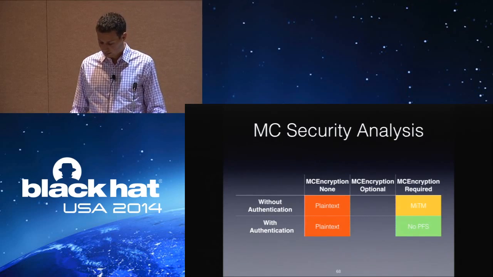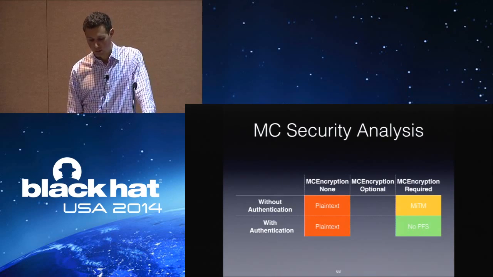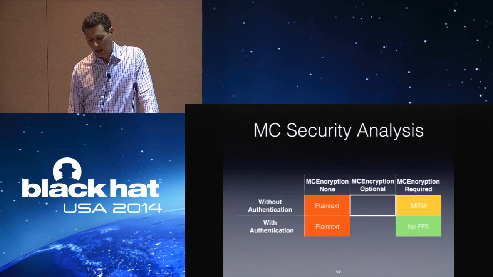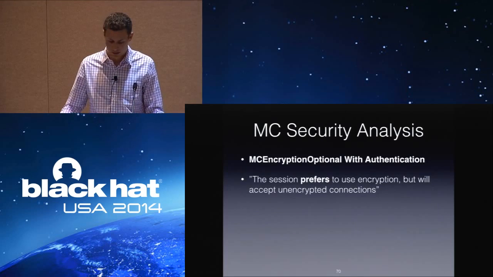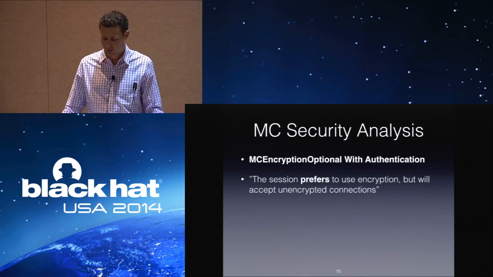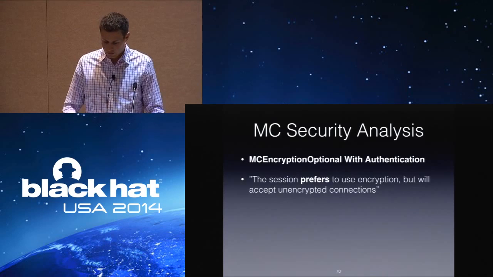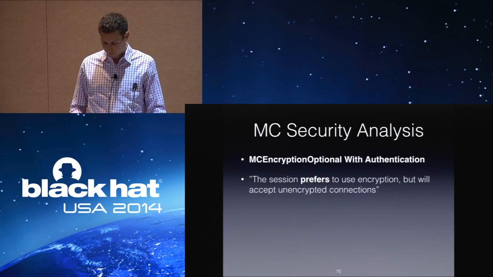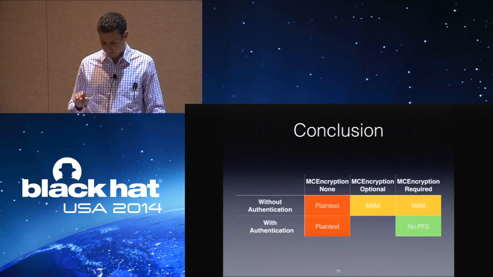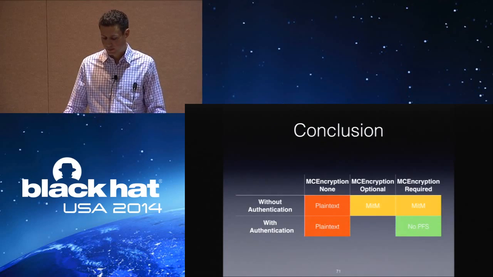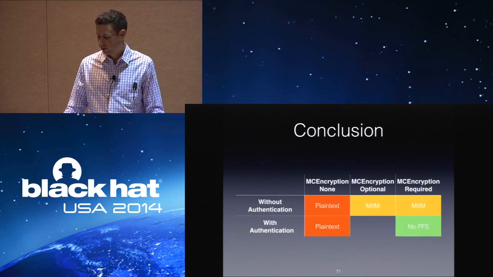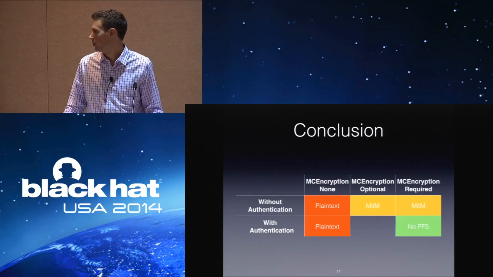But now, the more interesting one, so encryption optional. So the documentation says this session prefers to use encryption, but will accept an unencrypted connection, which is kind of interesting. So the first case, without authentication, it basically doesn't matter because you don't have authentication, so you're going to be vulnerable to man-in-the-middle attacks anyway.